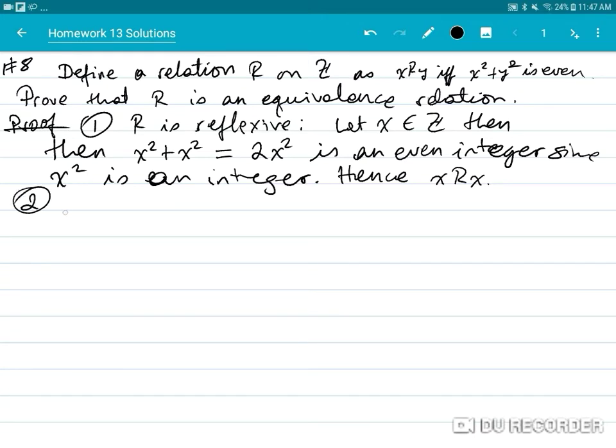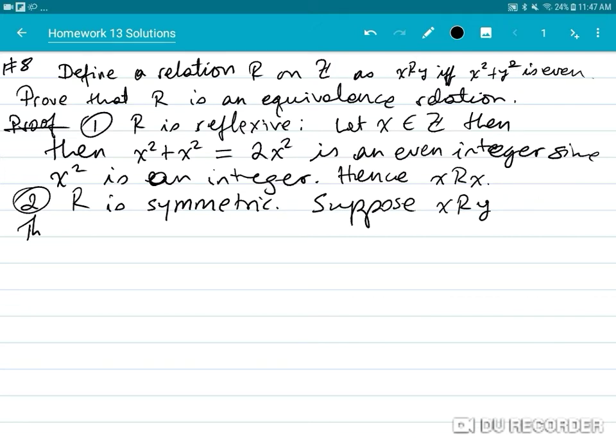The second thing we need to prove is R is symmetric. Suppose now x and y are integers and x is related to y. What does that mean? Then x squared plus y squared must be even. But y squared plus x squared is the same thing as x squared plus y squared.